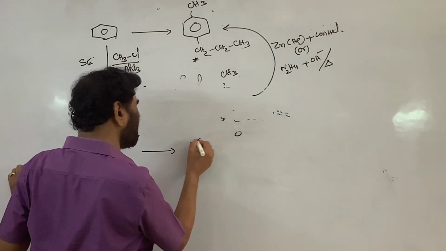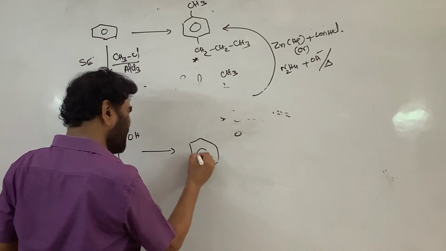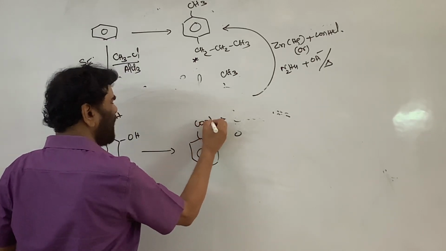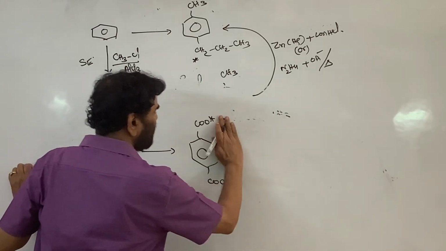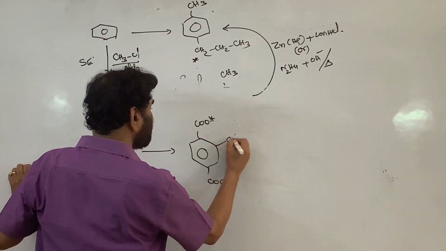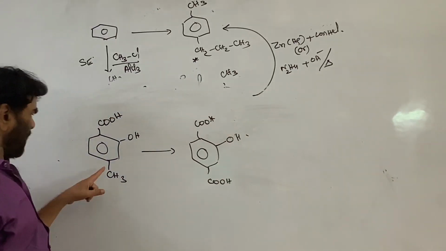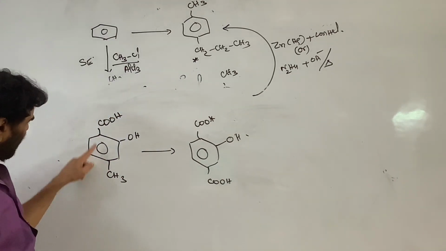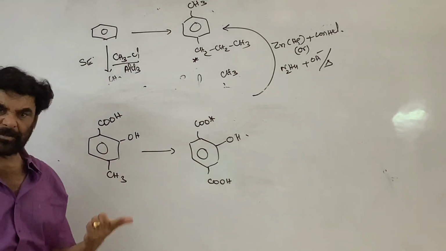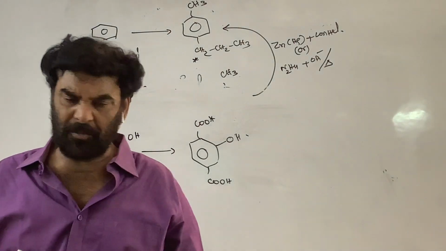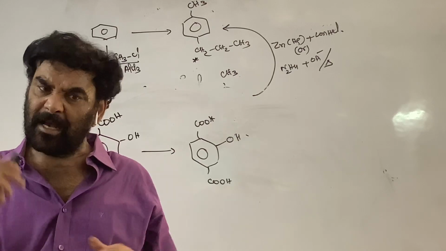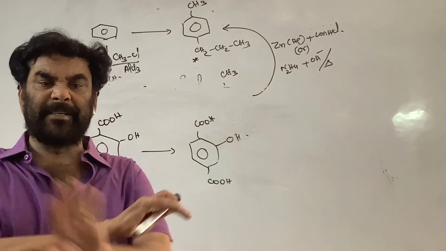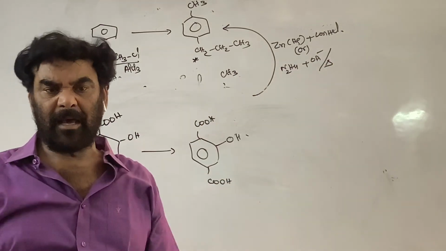Too simple, conversion-wise it is looking very simple, but something is hidden here. So what we are doing, we are just converting the methyl group into COOH group. If an alkyl group is connected to an aromatic ring like benzene, it can be converted to COOH by treating with alkaline KMnO4.